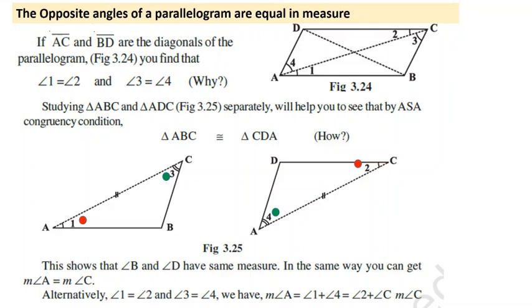So mark it the same way, name it ABCD. Draw the parallelogram. They will not give you the picture. You have to draw ABCD yourself. Then draw one of the diagonals. Then in those two triangles, ABC and ADC, use ASA. That time how did we use it? The same way. Angle side angle.